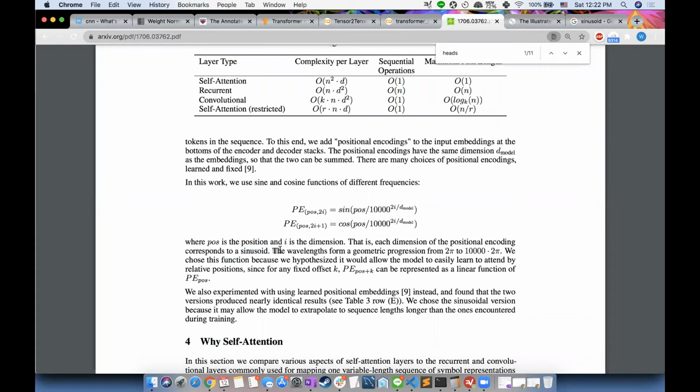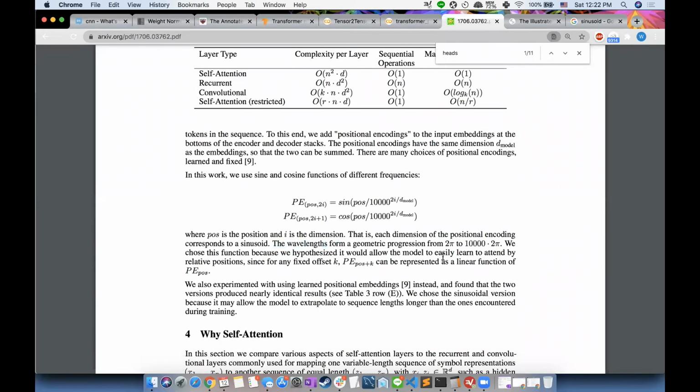So it says right here, this is actually a wavelength function. The wavelengths form a geometric progression from 2 pi to 10,000 times 2 pi. We chose this function because we hypothesized that it will allow the model to easily learn to attend by relative position, since for any fixed offset k, PE position plus k can be represented as a linear function of PE pos.